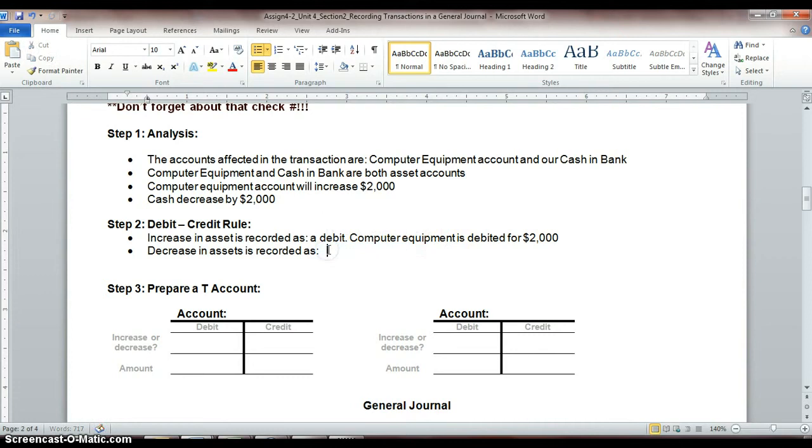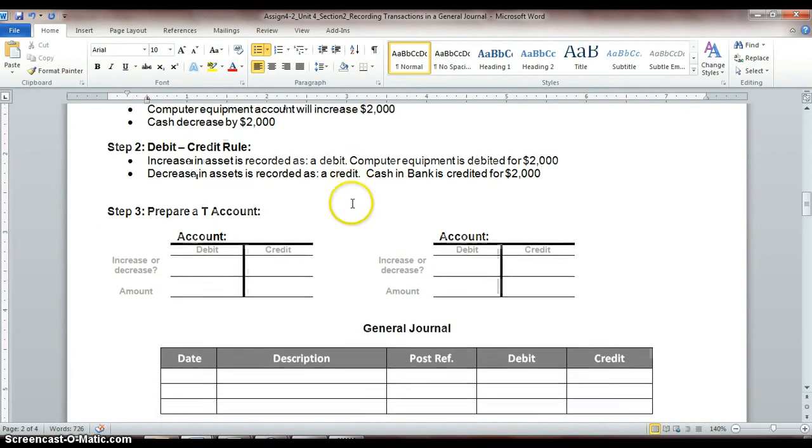Now, a decrease in assets is always recorded as a credit. So always keep that in mind. Our credit is going to be our cash in bank. It's credited for $2,000.